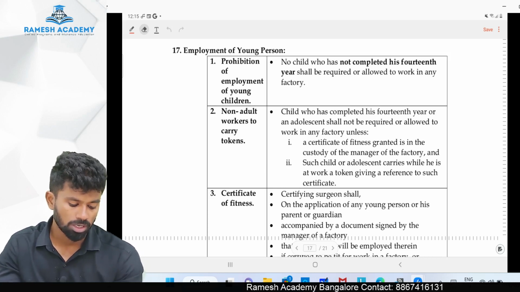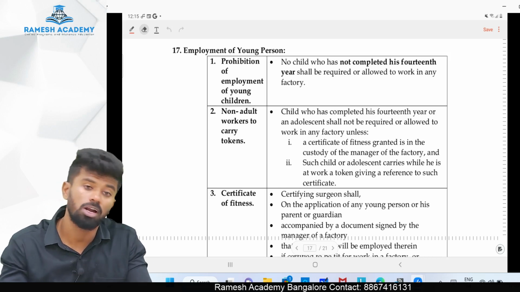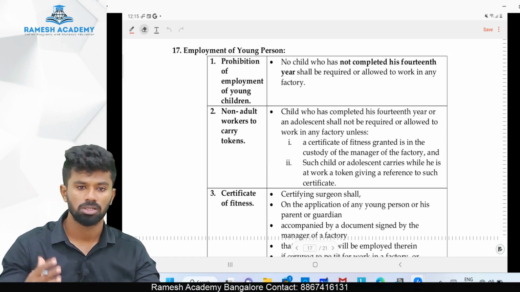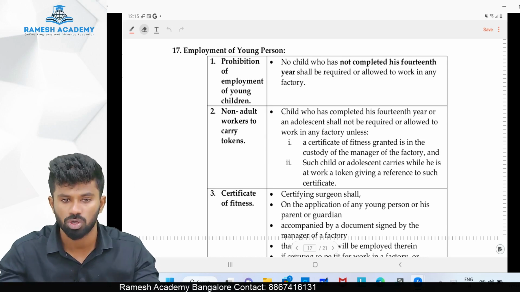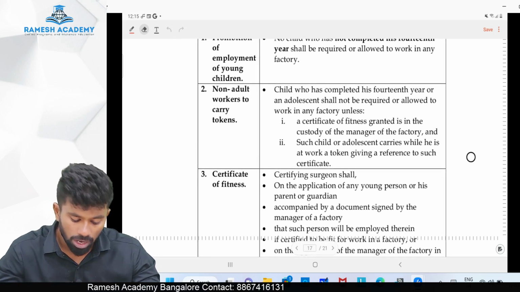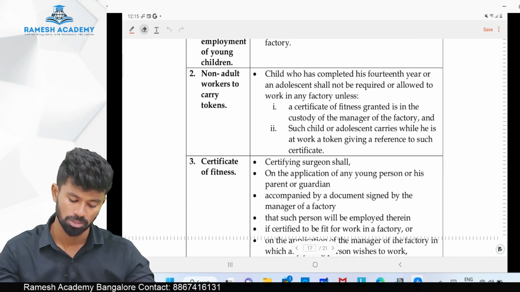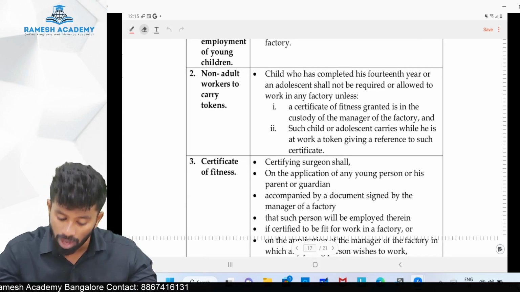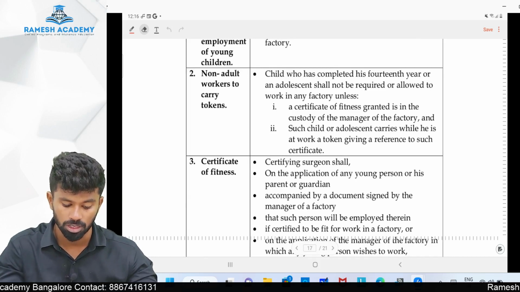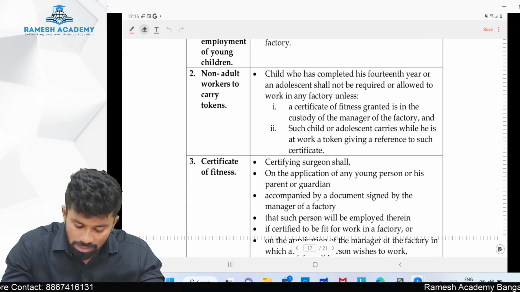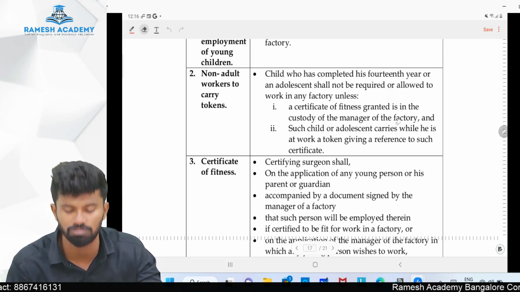Non-adult workers, that means if he is a young person, he has to carry a badge specifying his age and all these things. A child who has completed his 14th year or an adolescent shall not be required or allowed to work in any factory unless a certificate of fitness granted to him is in the custody of the manager of the factory.